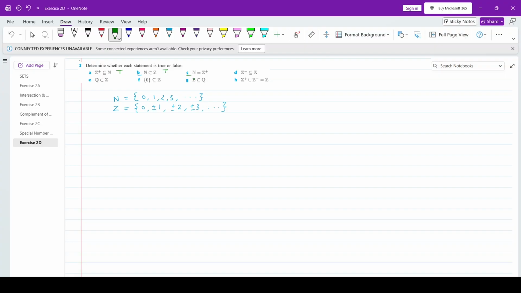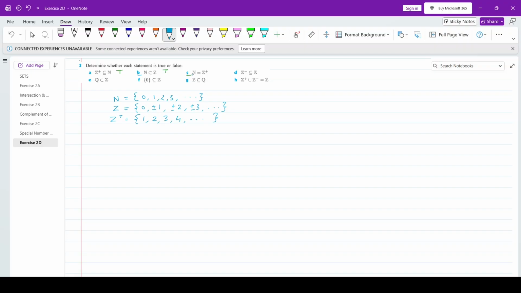Now part C says N is equal to Z plus. Now we know Z plus is 1 2 3 4 and so on, and N is 0 1 2 3 4 and so on.